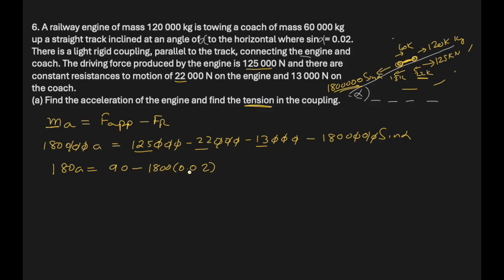Then the 2 zeros will go, so 36 only. 180A equals 90 minus 36. A equals 54 over 180, which is 18 times 3, 54. So 0.3 meters per second squared.